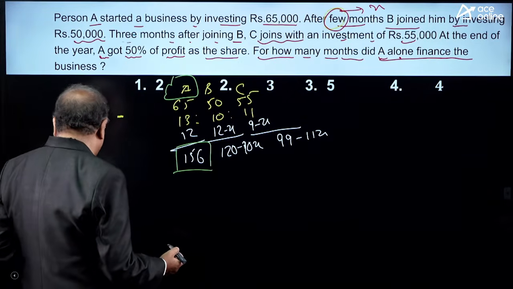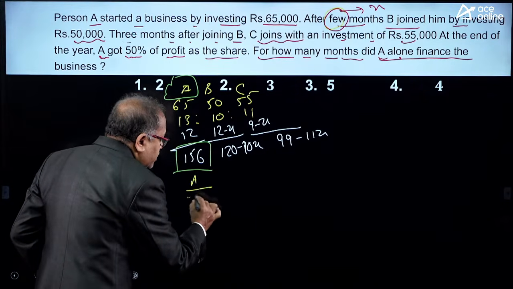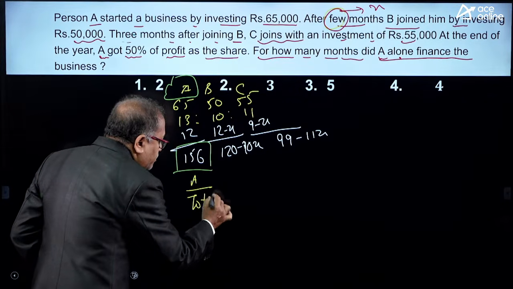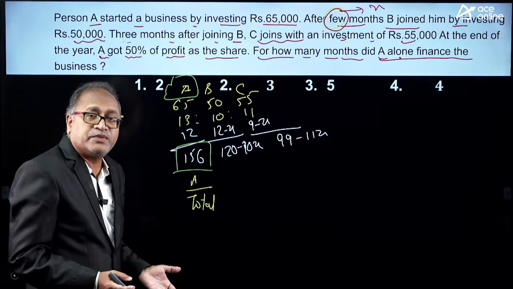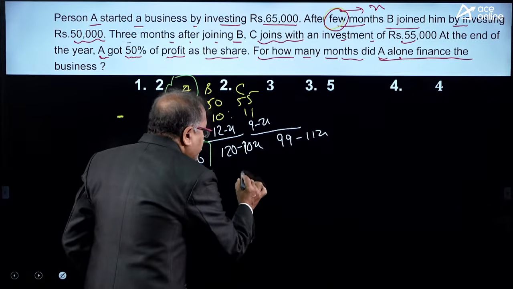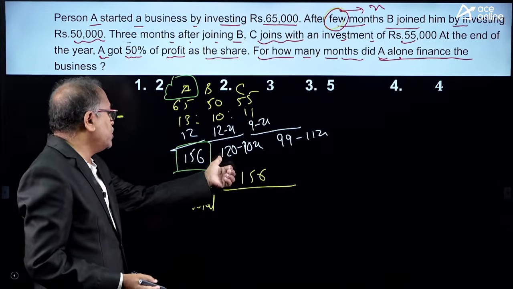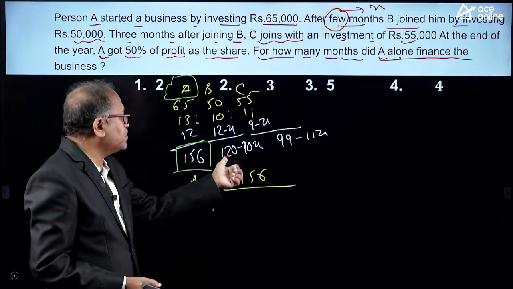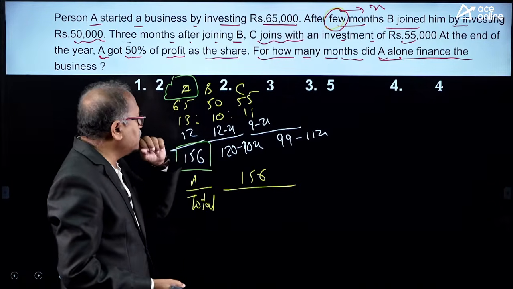What is the share of A? Share of A by total. I am just writing here. Please don't make a practice of writing all these things. A by total is 50%, that's 1 by 2. So 156, 200, 276, 276 plus 99.